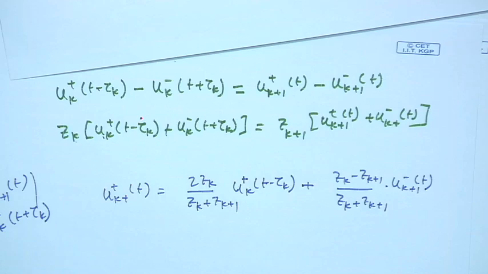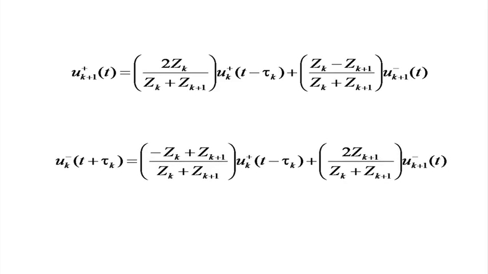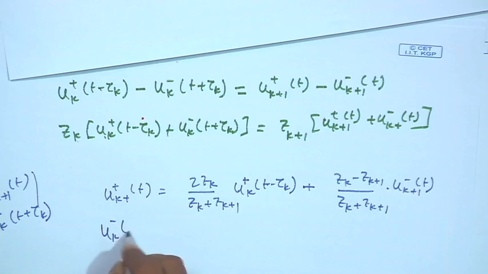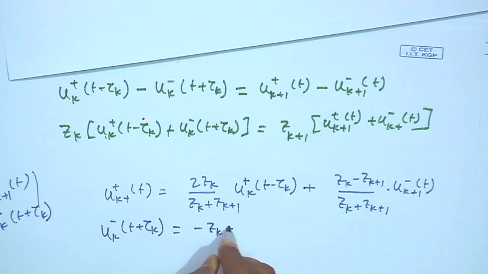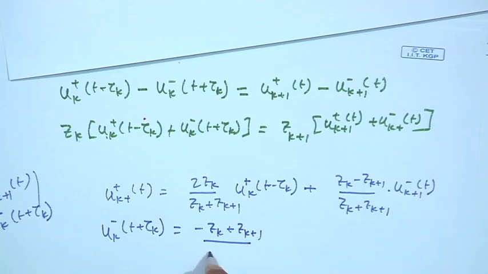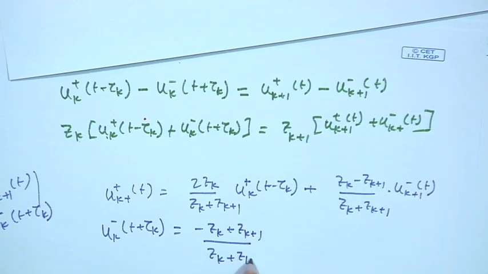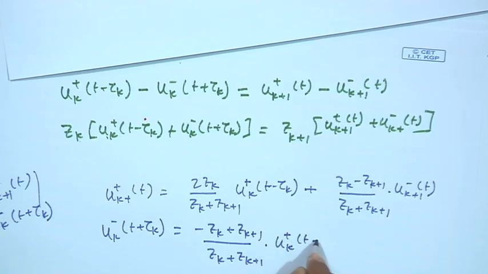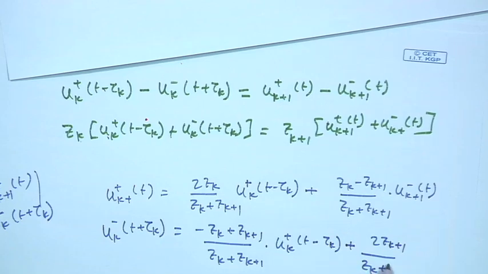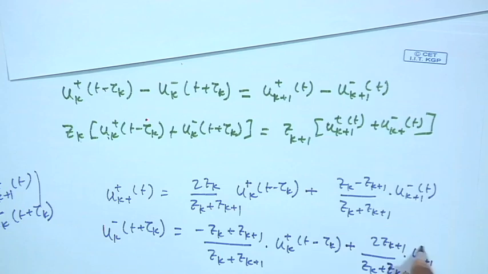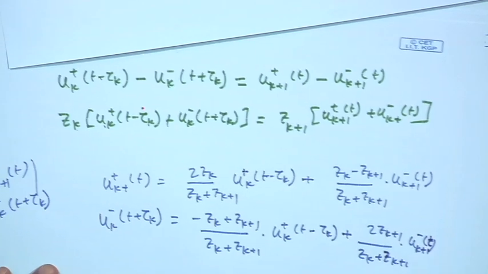Okay. And u k minus t plus tau k will be minus z k plus z k plus 1 divided by z k plus z k plus 1 into u k plus t minus tau k, plus 2 z k plus 1 divided by z k plus z k plus 1 into u k plus 1 minus t.